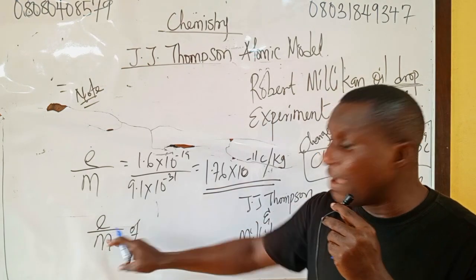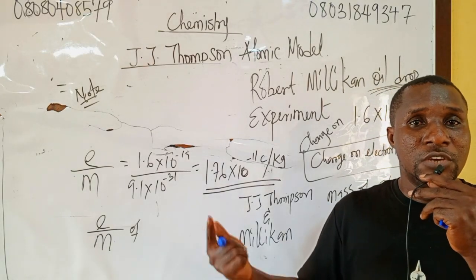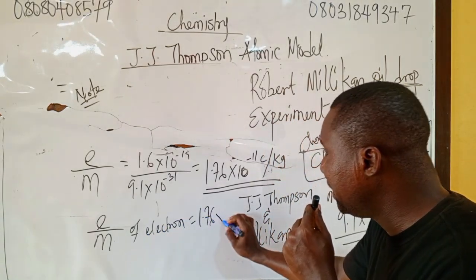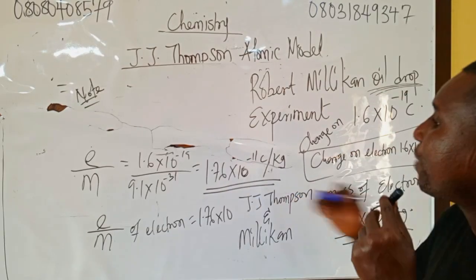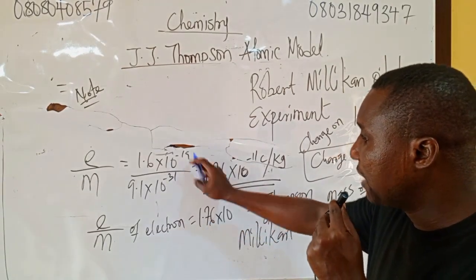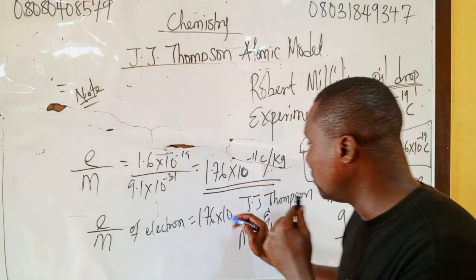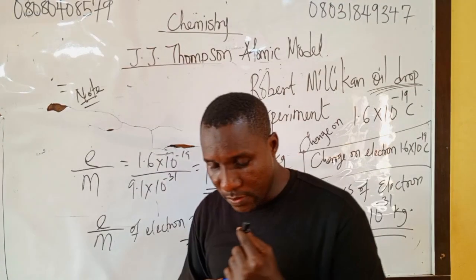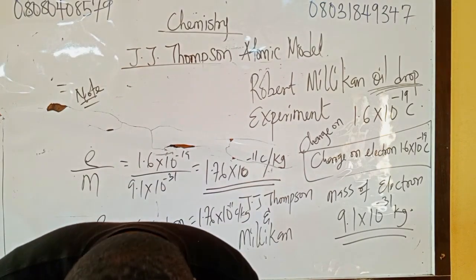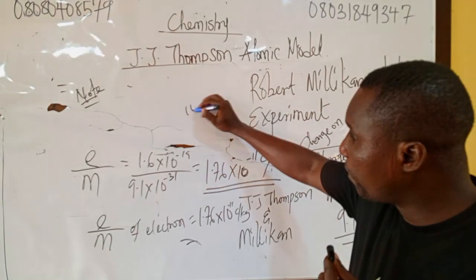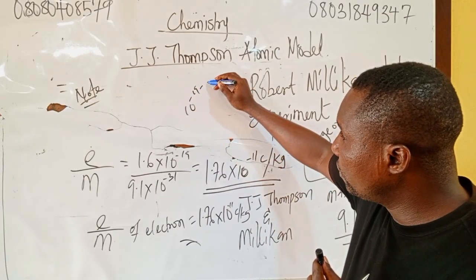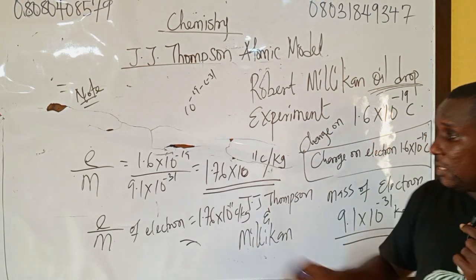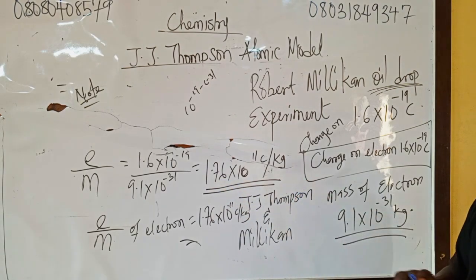That means the ratio of charge to mass of the cathode ray, which is the same thing as the ratio of charge to mass of the electron, is given as 1.76 times 10 raised to the power, I'm sorry, it's 10 raised to the power 11 coulomb per kilogram.